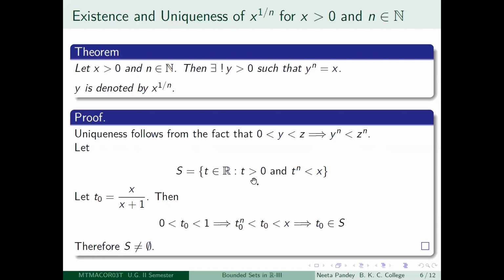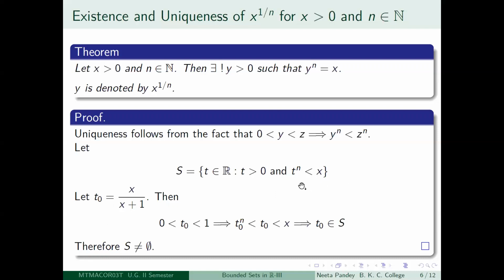So you look at all positive t and consider the t to the power n's. They will increase with t, and you bound it by x. Assume that it is less than x. Then the supremum of this set is going to give you the number y so that y to the power n is equal to x. I hope I am able to explain it to you.